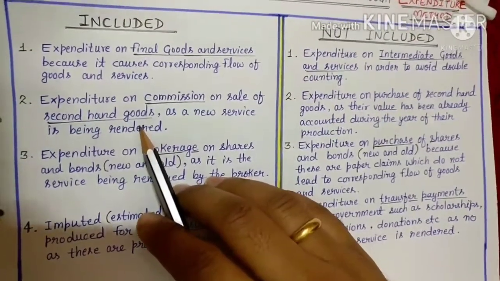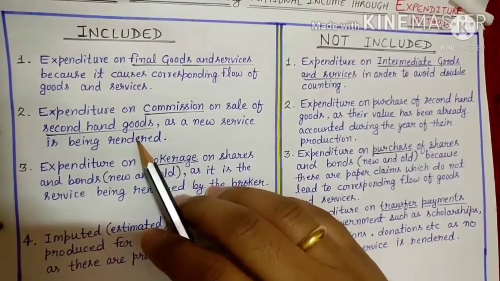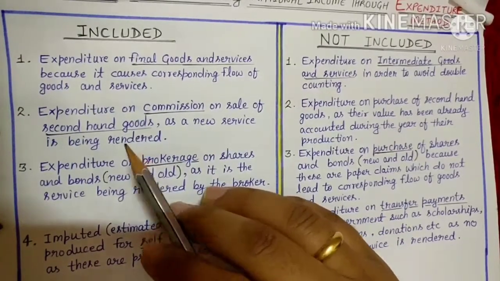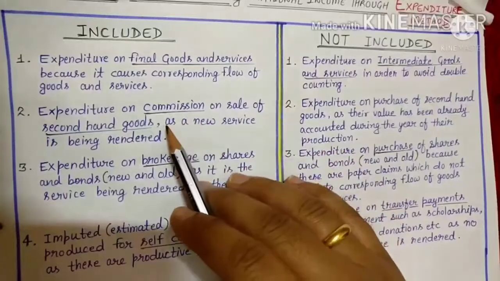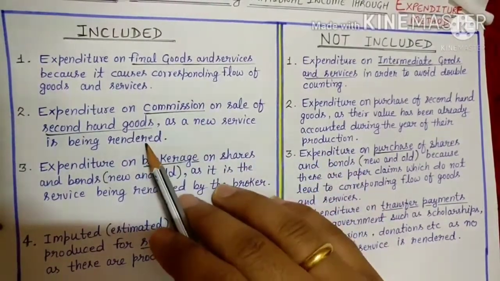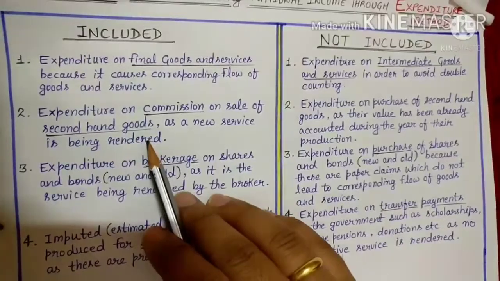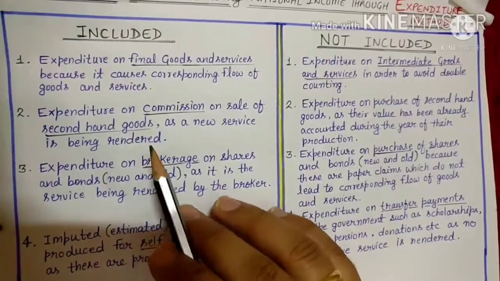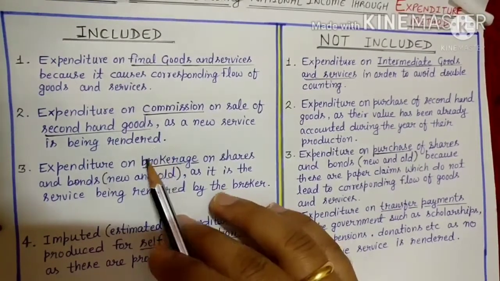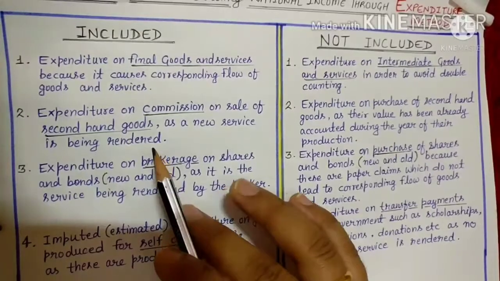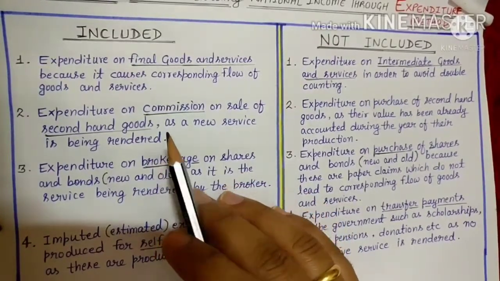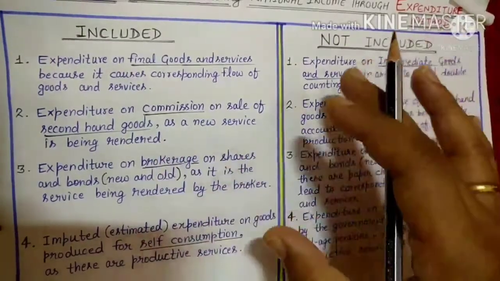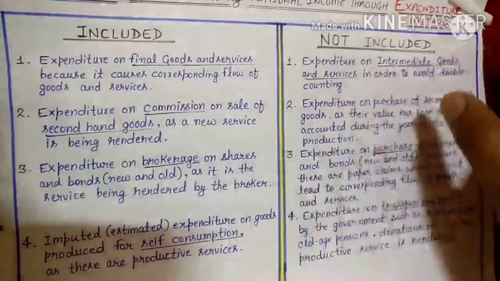I have purchased a bike at 70,000 rupees, and after using it for almost 1 year, I sell it to a person who is ready to purchase it at the same price, 70,000 rupees, after 1 year.